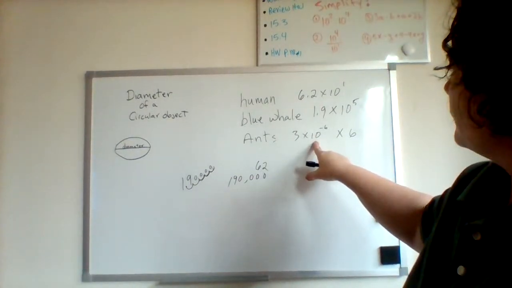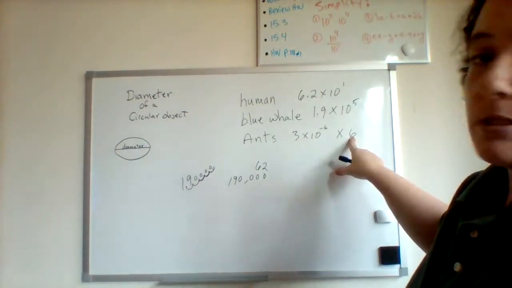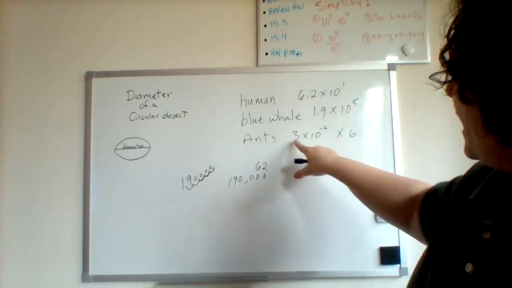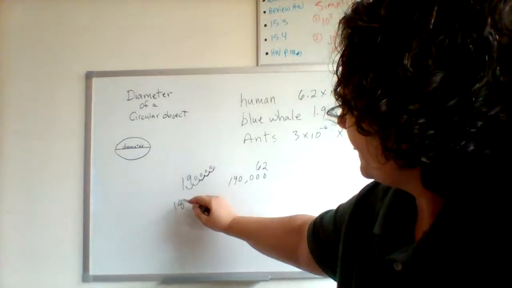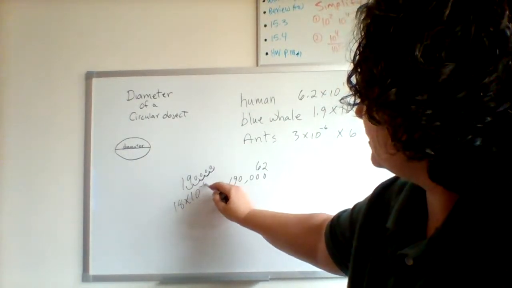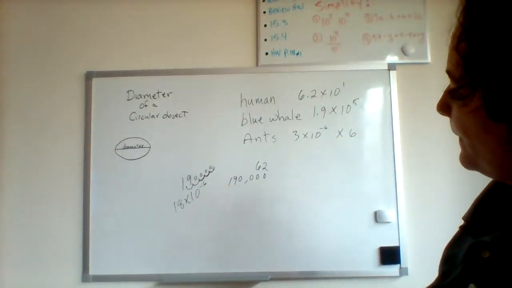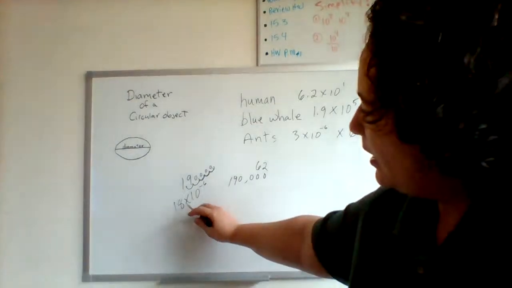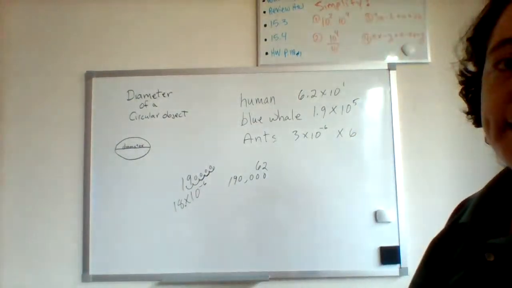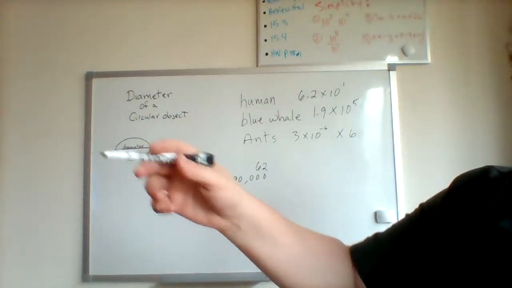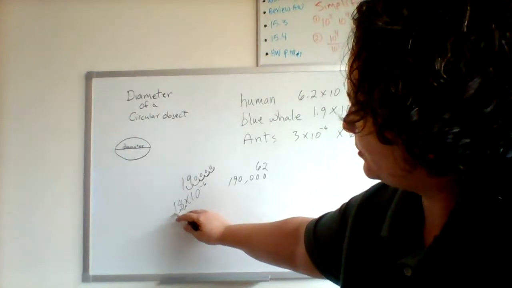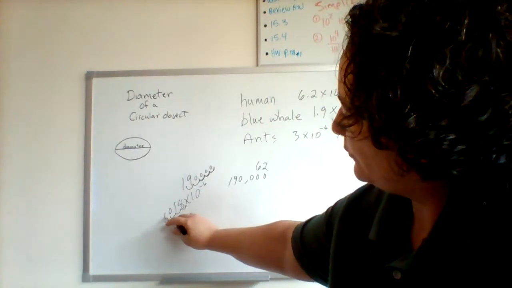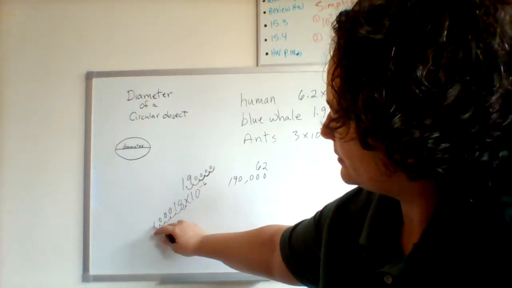Now this one, you could do the 3 times the 6, which is 18, and then 18 times 10 to the negative 6 power. Right now, our decimal is there at the end, so I just need you to move back 6 spots. 1, 2, 3, 4, 5, 6.